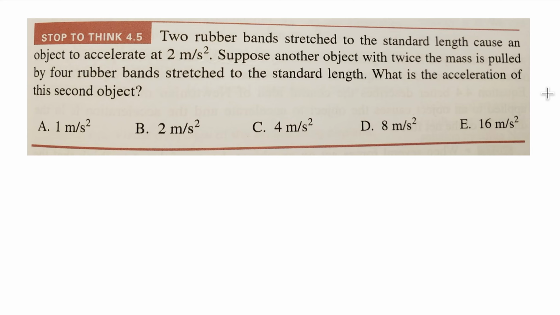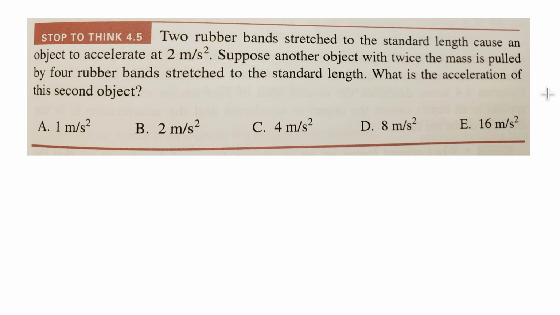If you remember back to when we talked about the experiment with the rubber bands, if I double the number of rubber bands, it doubles the force. Okay, I add 1 rubber band, I added another force. If I added 2 rubber bands, I added 2 more forces. If I added 3 rubber bands, I added 3 more forces. Okay, so I doubled the number of rubber bands, I doubled whatever the force was.